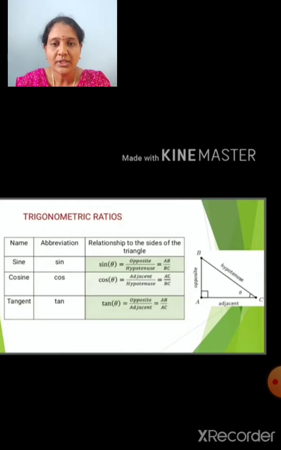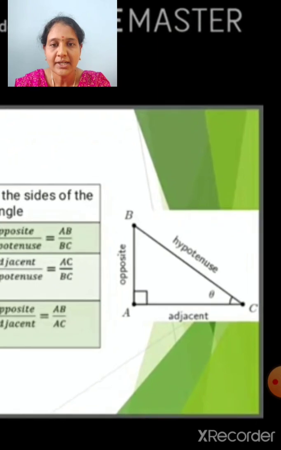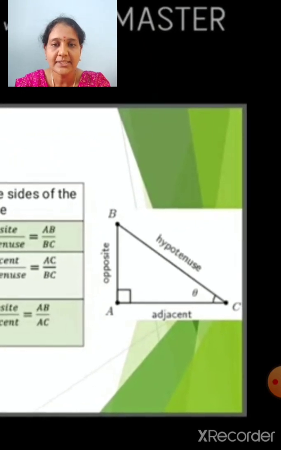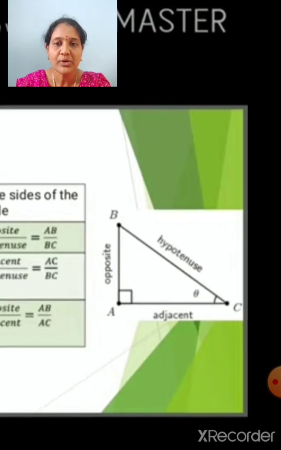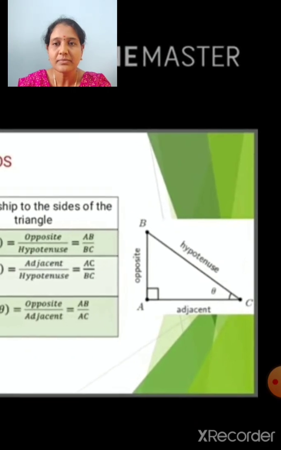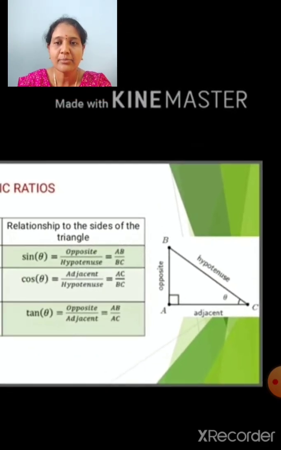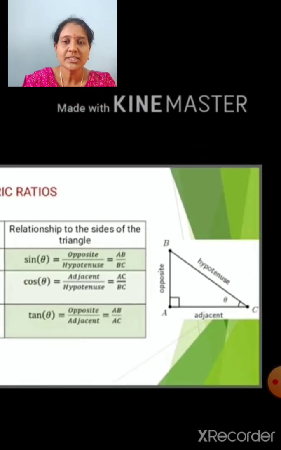If you observe the adjacent figure, children, here theta has been taken at C. AB is the opposite side, AC is the adjacent side, and BC is the hypotenuse. So the sin theta formula is opposite side to theta by hypotenuse. Which is the opposite side to theta? AB. That is AB by BC.